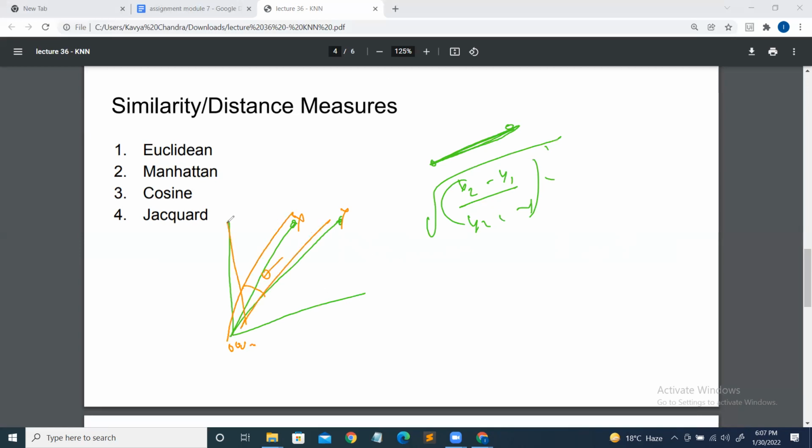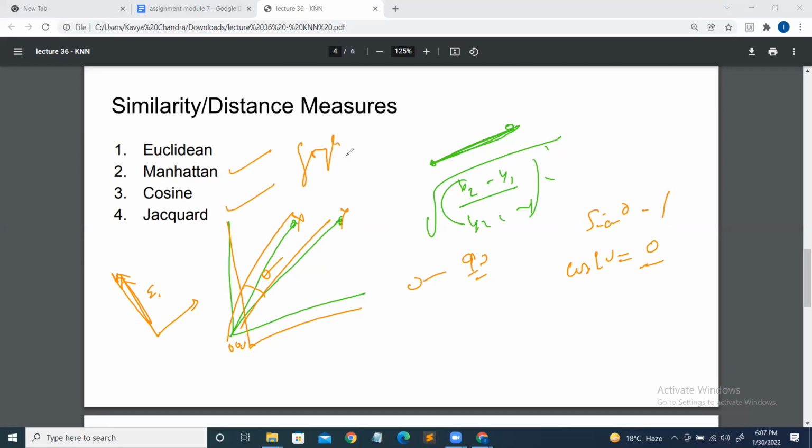So cosine is always between 0 and 90 degrees. Similarity at cos 0 is equal to 1 and cos 90 is equal to 0. So if they are perpendicular to each other, it is 0 similarity. If they are essentially on the same line, it becomes 1 similarity. Similarly, Manhattan and Jaccard are also distances.